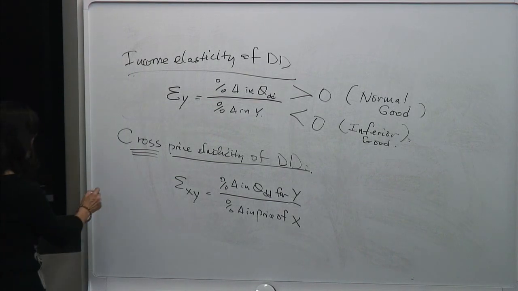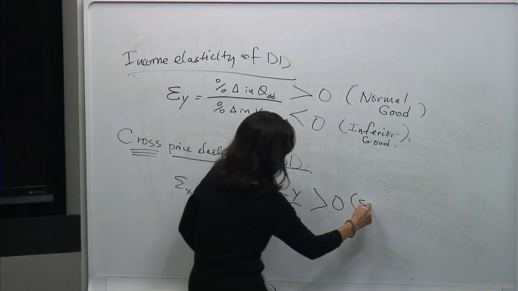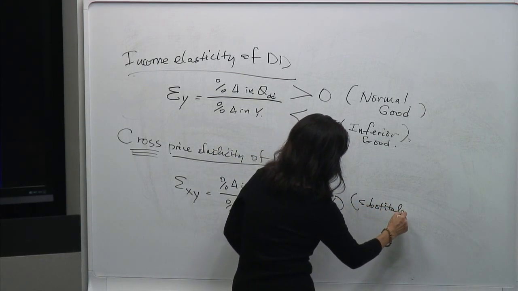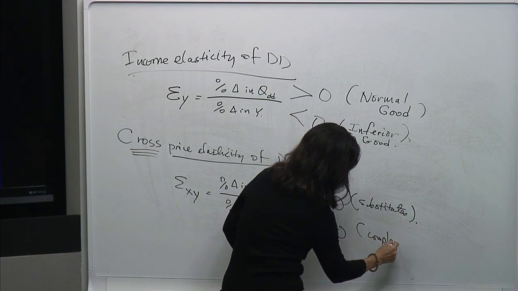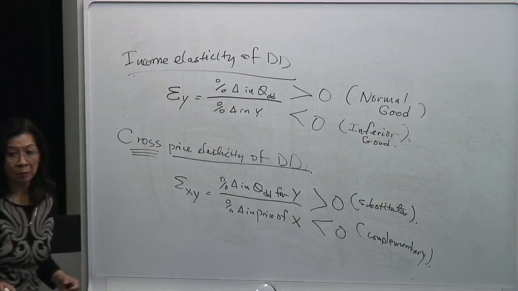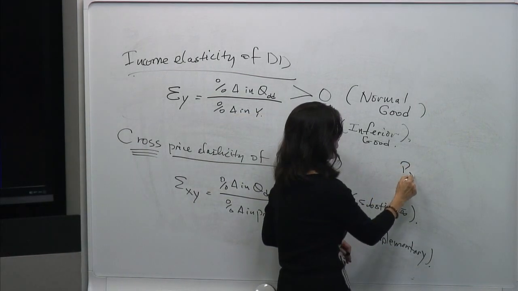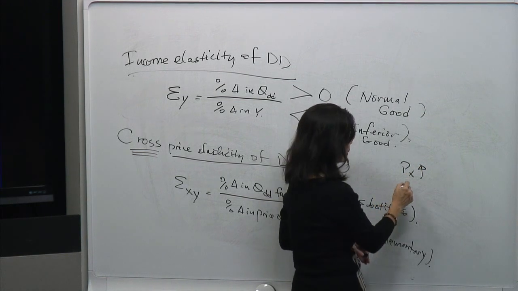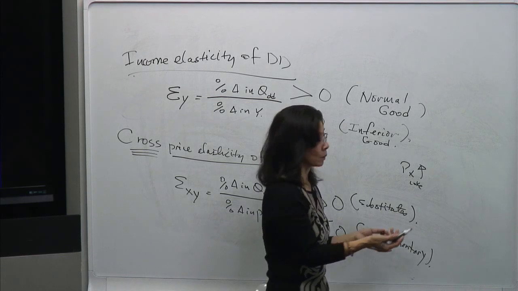In the case of substitutes, we say that this will be greater than 0. If it's less than 0, we say this is complementary. Just like the example we had before, remember the tennis ball versus the court rental fee? So let's look at the substitute. If the price of X goes up, and X is Coke, for example, then you buy less Coke.